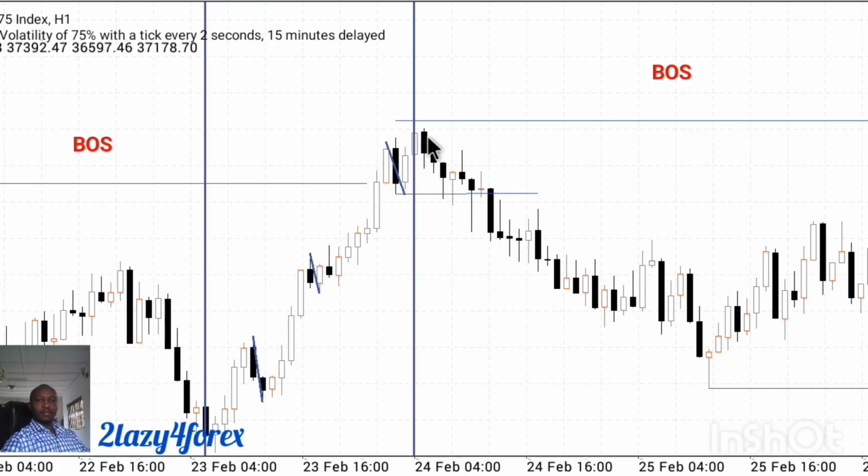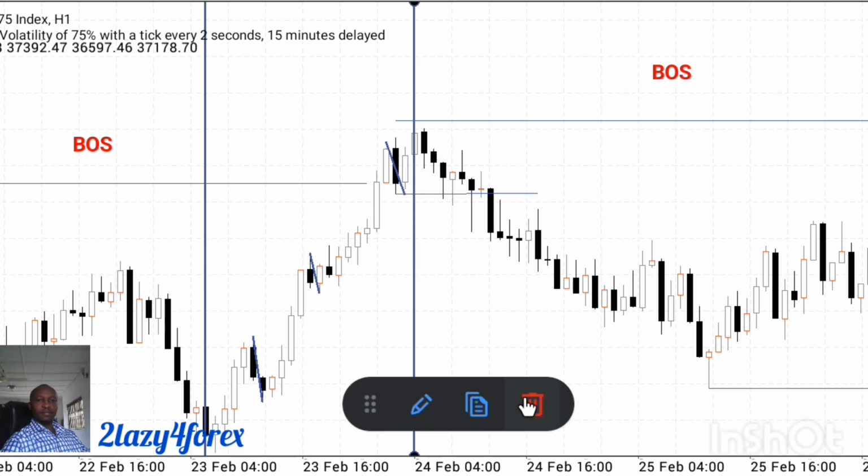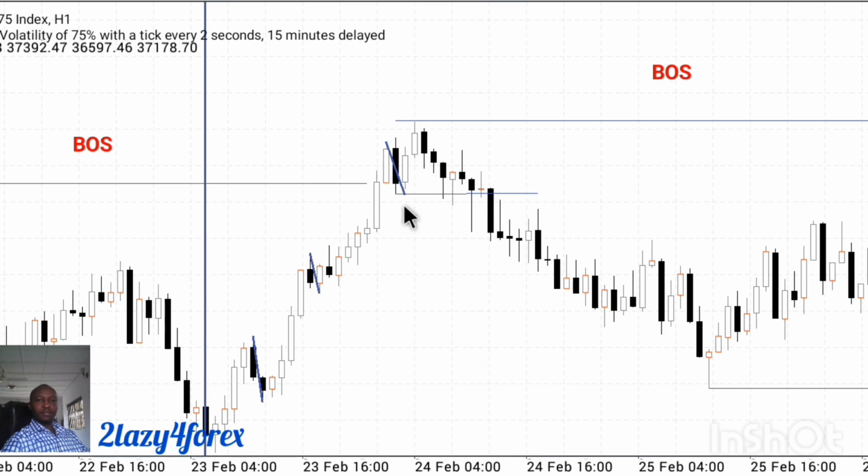This is a low. So what I'm saying now is, for my own pullback, there must be a break of the highest low. This is a low, this is a low, this is a low. So on the break of this highest low, there has to be a lower low. That is when I now consider the end.